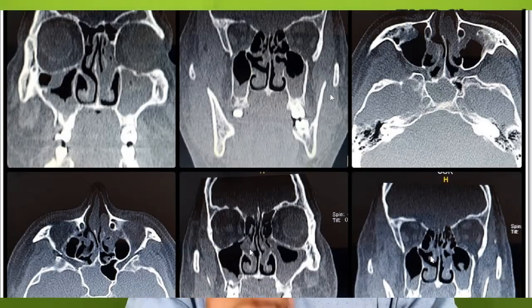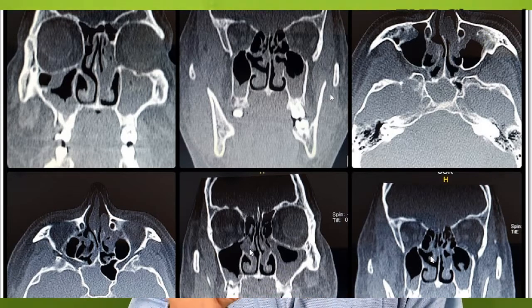So to confirm the diagnosis, we need three things. One is history, another one is endoscopy examination, the last one is CT scan. In CT scan, we find there is blockage in the sinuses, there is haziness. Usually the sinus openings are very black in color, but once it becomes whitened or hazy, we call it radio opacity.